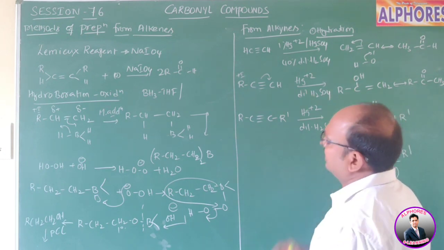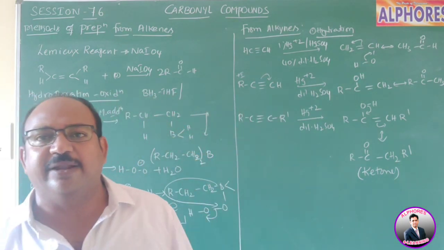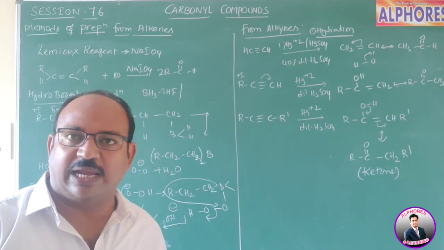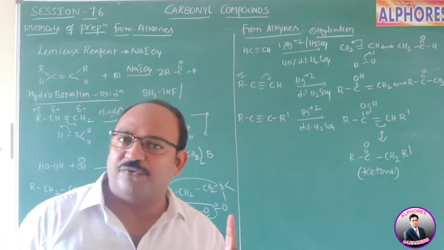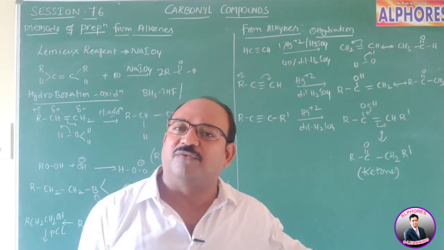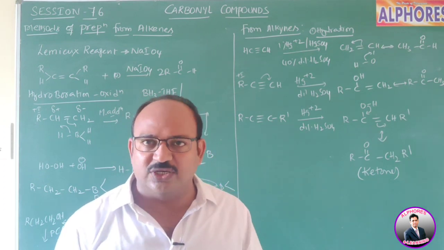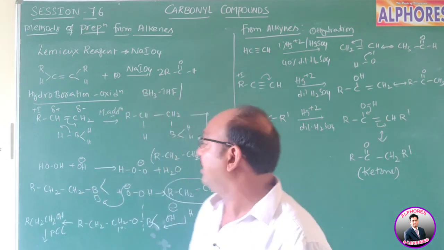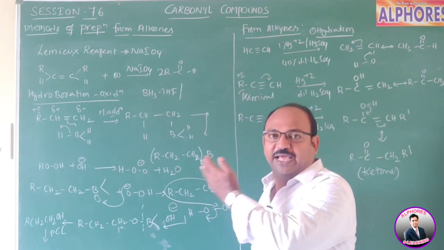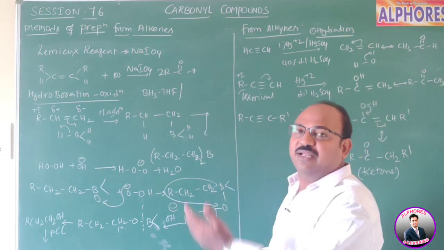That means in this method it is very clear. First, as we discussed, we cannot prepare formaldehyde. Second, you can prepare acetaldehyde only from ethyne. Except for ethyne, any other alkyne you may use, whether it is a terminal alkyne or an internal alkyne, will give ketones. This one we call a terminal alkyne, where the triple bond carbon is attached at one end, and this one is an internal alkyne.